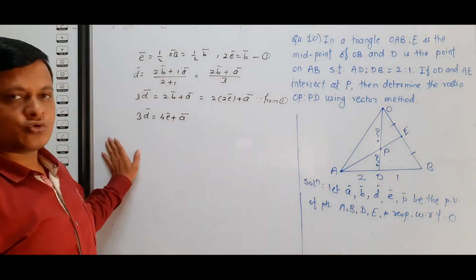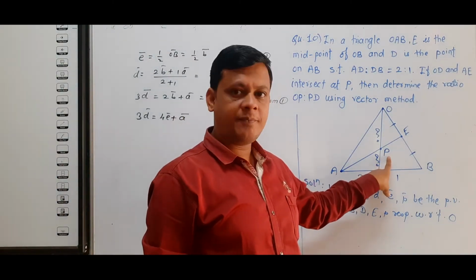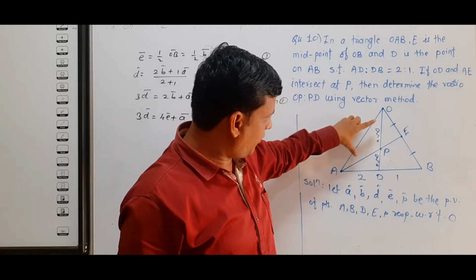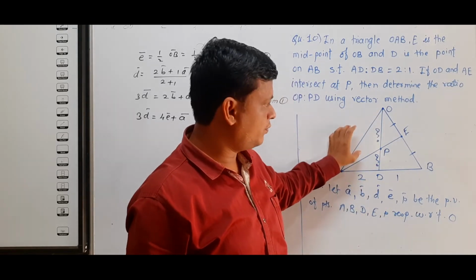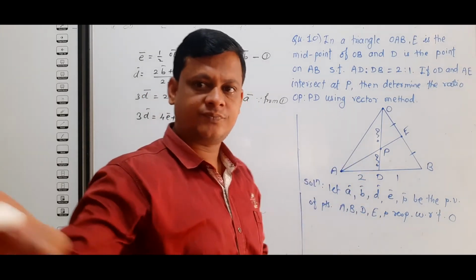Now what we have to show here? We have to show this point P divides this OD in the ratio OP is to PD, and we have to find that ratio.